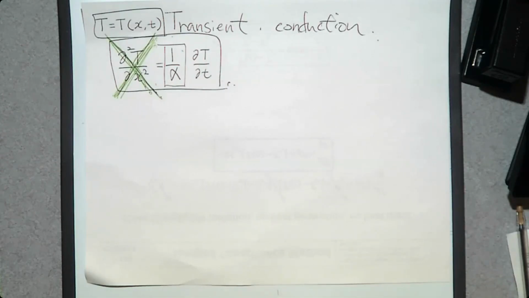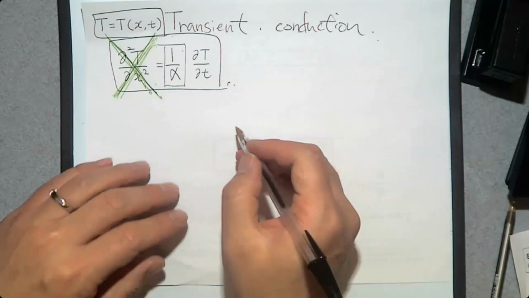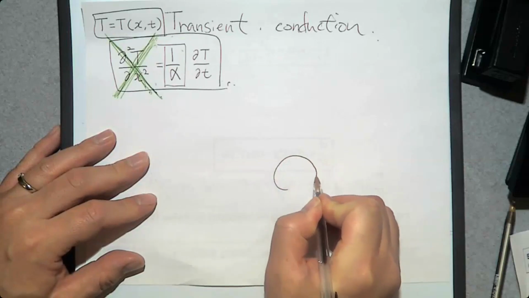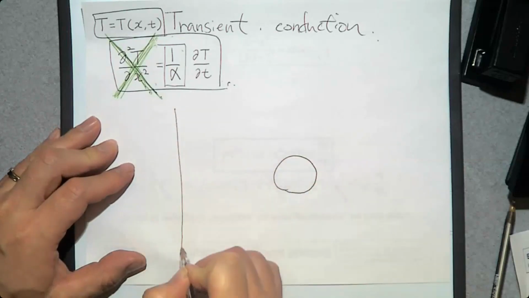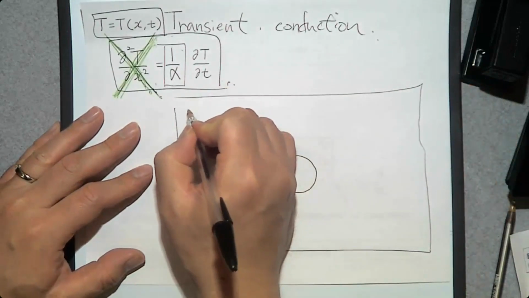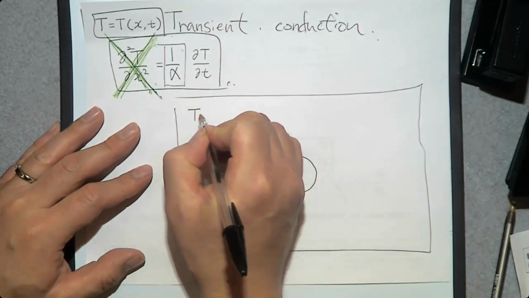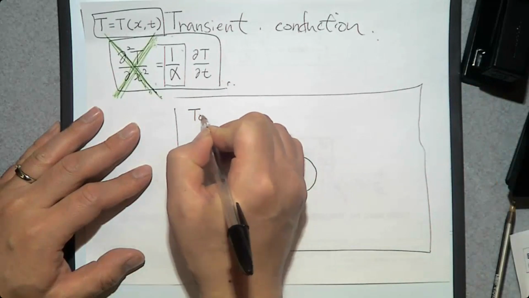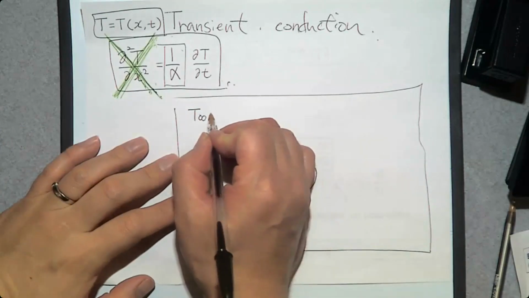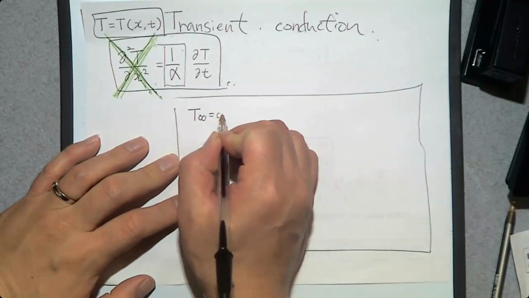When that happens, if we have a solid object in a fluid at a temperature T infinite, and let's assume that the amount of fluid is much larger than the mass of the solid, then we can assume that the temperature of the fluid is going to be uniform.